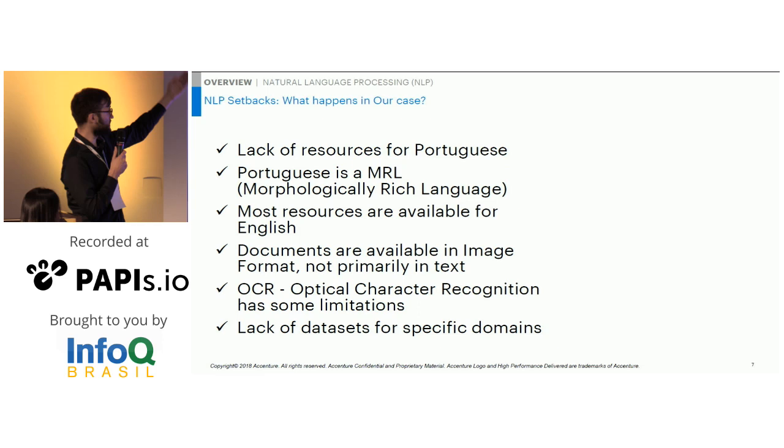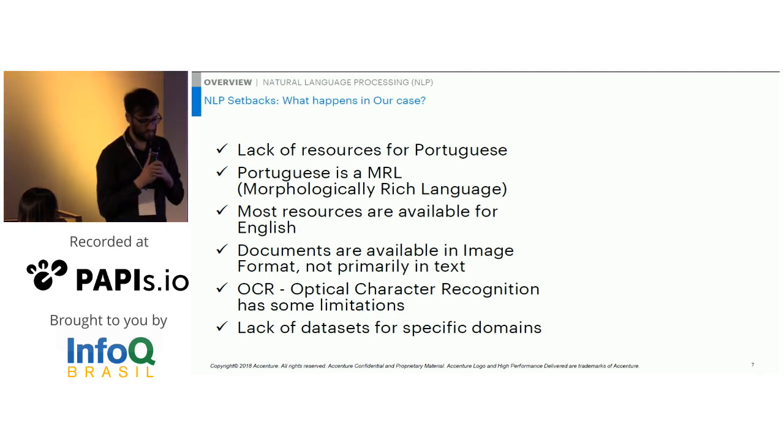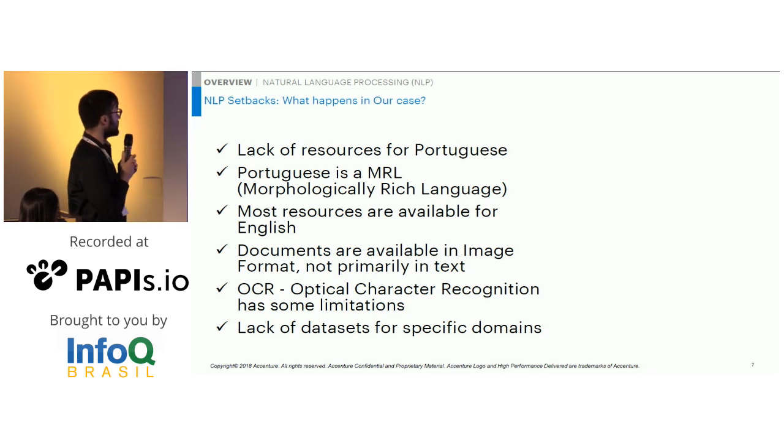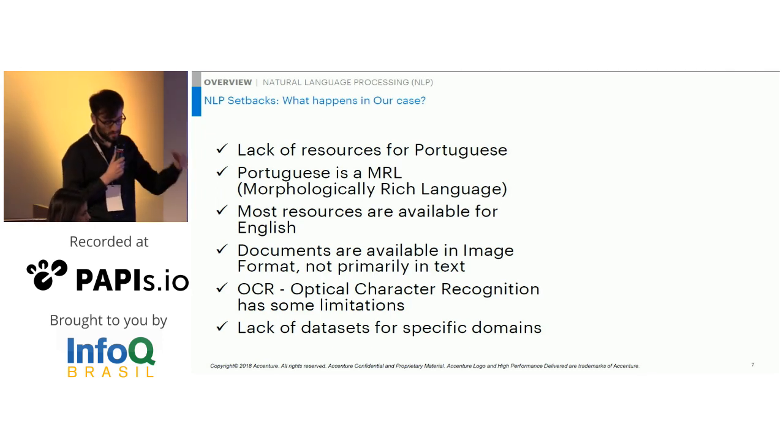And the problem in NLP, if you're going to try to construct a classifier or something, is that most of the resources are available in English. The other problems that we faced in our application: we have some documents that are only images and we have to translate them.